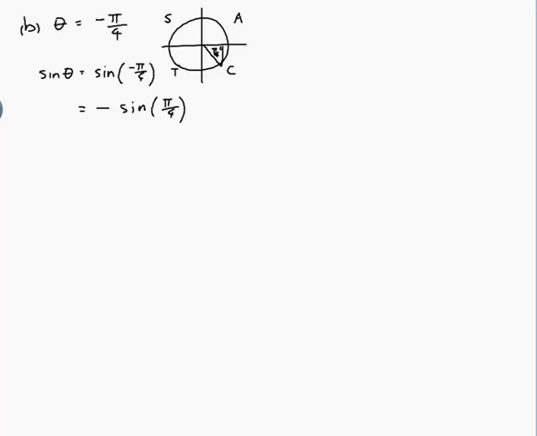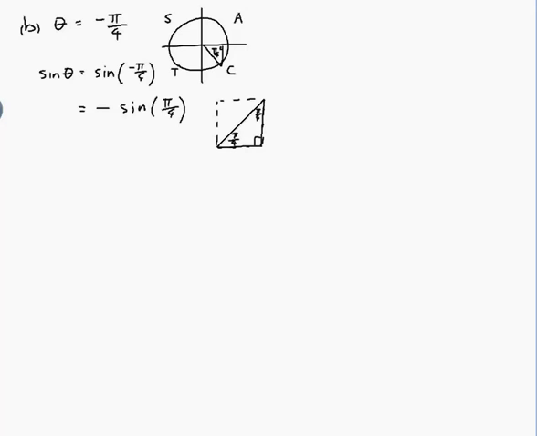And to do that I draw another triangle. This triangle's half of a square. So here's my square, and I cut it in half along the diagonal this time. So that leaves me with a right angle here, and with 45 degrees in each of those other two angles. So 45 degrees is pi on 4. Okay?